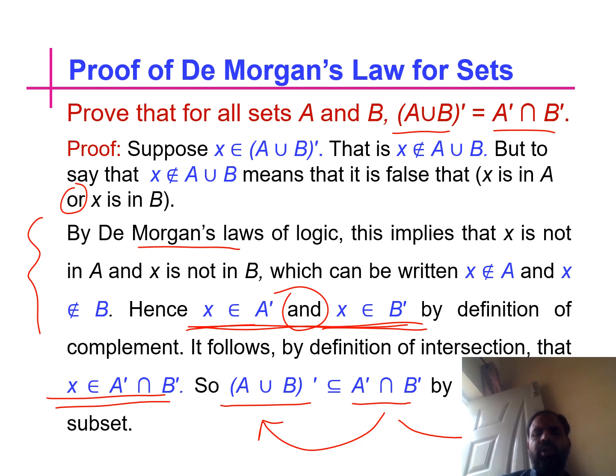suppose X belongs to (A union B) complement. It means X doesn't belong to A union B. If an element belongs to the complement, then that element doesn't belong to the original.